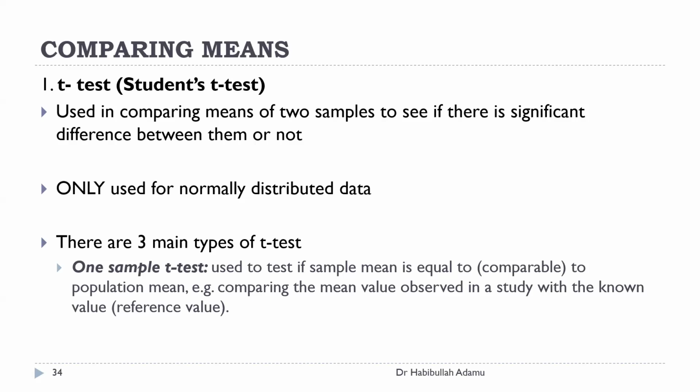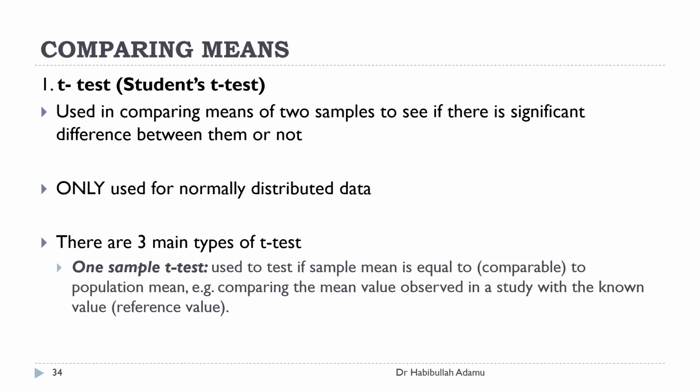We described single sample t-test as the one used when comparing a sample mean versus a population mean. We have two mean values, one from the sample and the other from the population. If you want to know whether there is a significant difference between them or not, it is single sample t-test that we use.